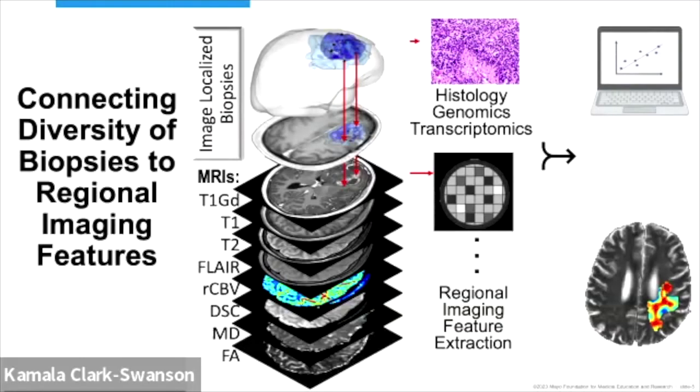Of course, our big vision, the big dream is that through this, we're going to be able to connect the biology to what we're seeing on the imaging, right? So the idea is you have your biopsies, then we have all this different clinical imaging that's available for these patients on our trial. You're able to figure out whatever biology you're interested in, histology, genomics, transcriptomics, and then connect it to the regional imaging features through the power of modeling, machine learning.